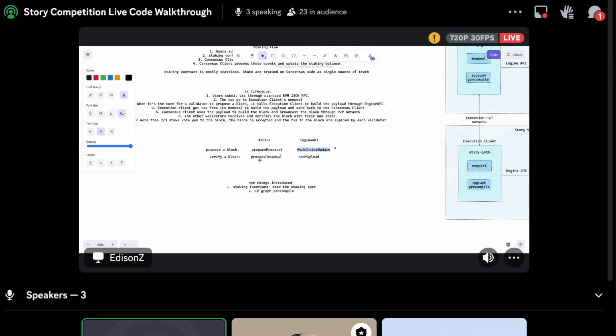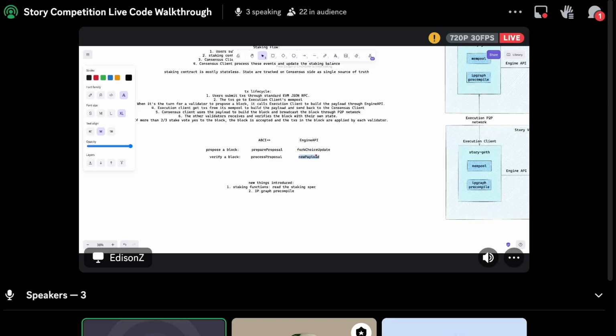Whenever a validator receives a block, you need to verify that block, and that will call the process proposal function in our codebase, and then, as in the Cosmos SDK, in turn call engine API new payload on the execution side in order to verify that payload. Because some of the transaction states sit in the execution client.